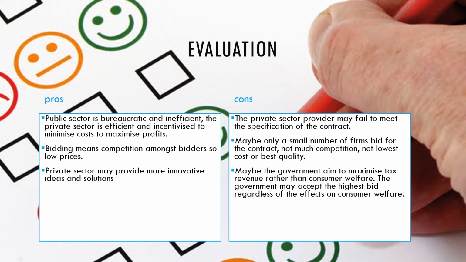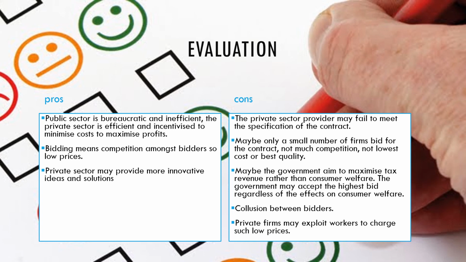It could be questioned whether the government really do want to maximize consumer welfare, and the government may just accept the best bid without thinking fully about the impacts on consumers. There may be the risk that the bidders for the contract collude between them, and so actually the quotes that they make to the government are all very similar or higher than they might otherwise be if there was a proper competitive process.